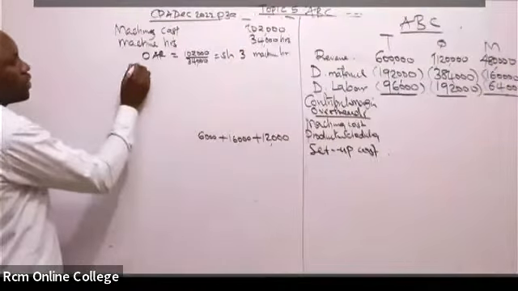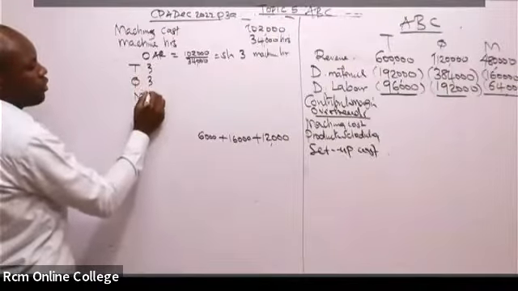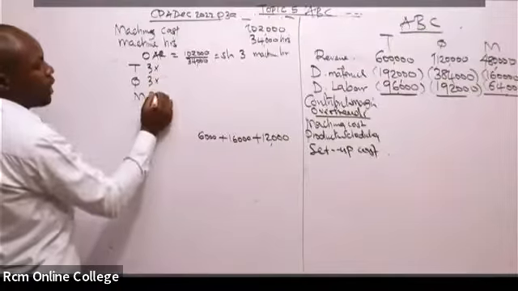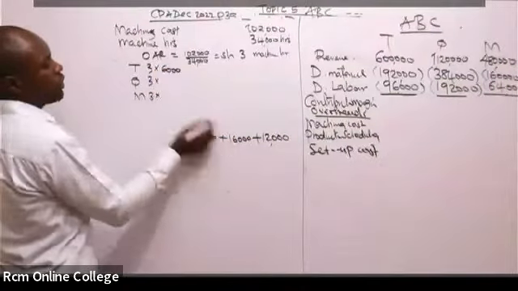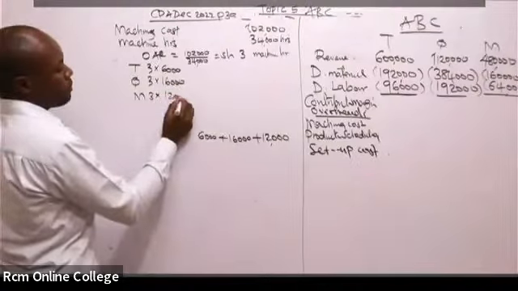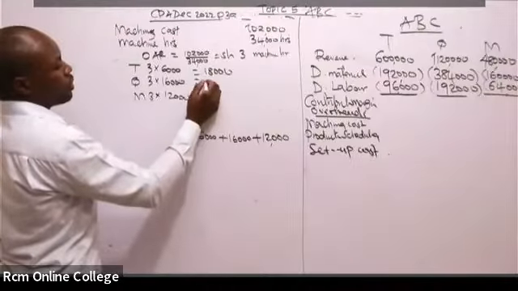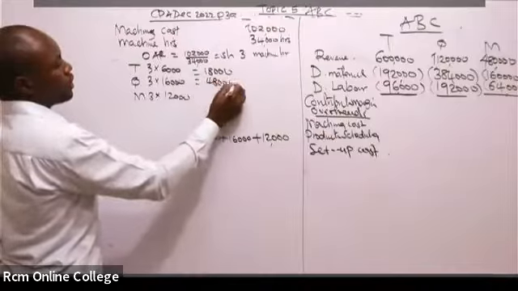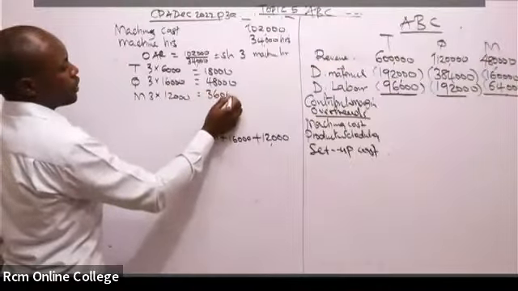So we have products T, Q, M. We take 3, multiply by the activity level, which is 6,000, 16,000, and 12,000. That will be 18,000, that will be 48,000, and that will be 36,000.